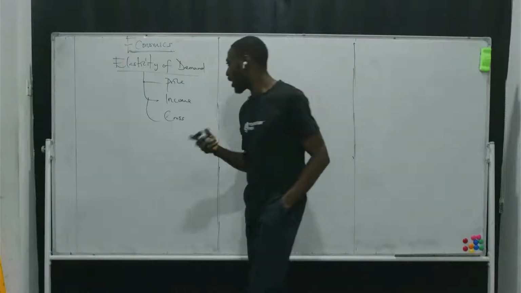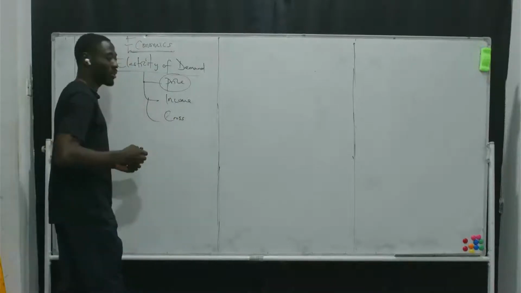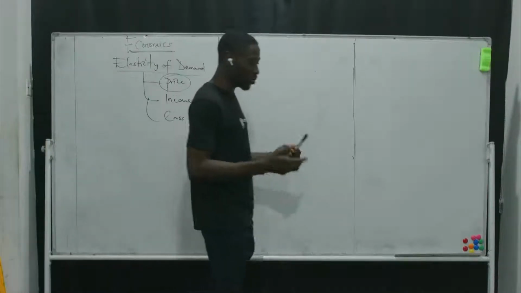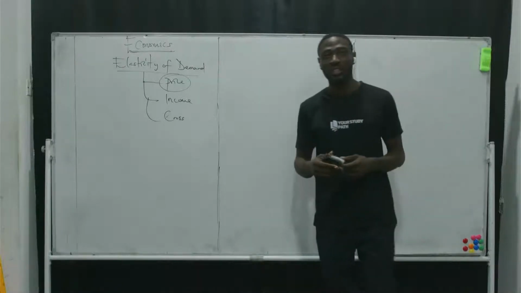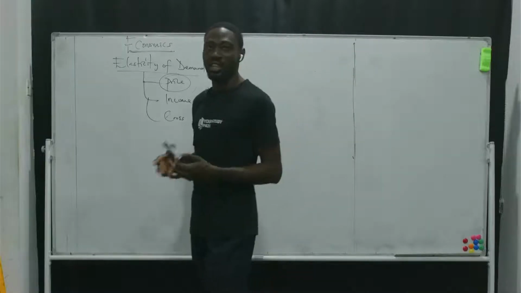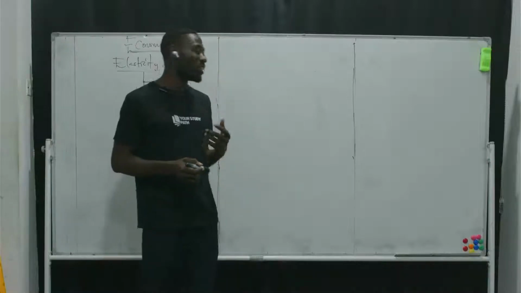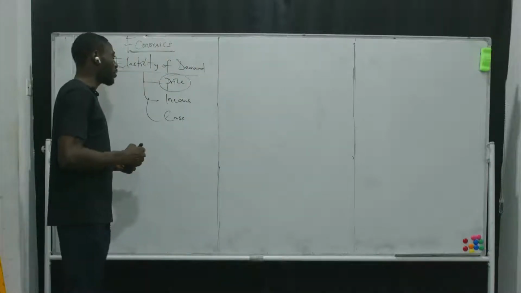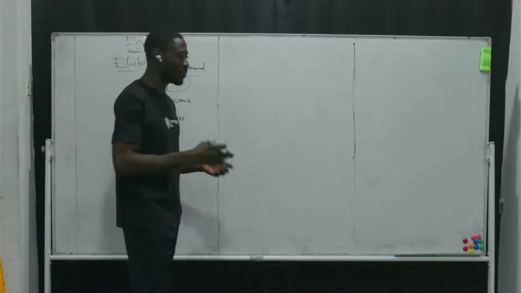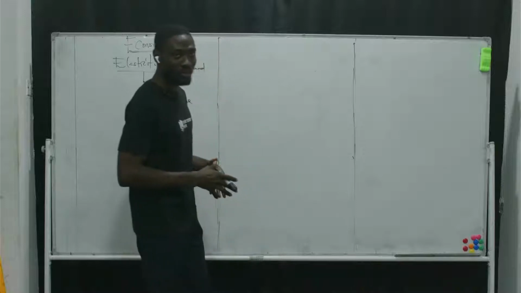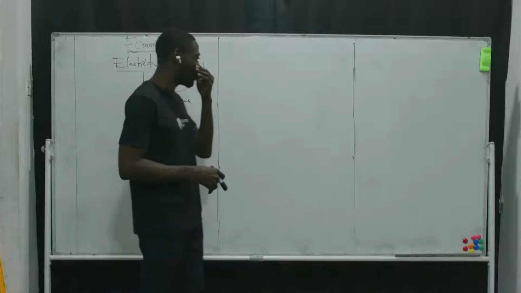Now, if you look at these three types, we discussed the price elasticity and we said we have five types, which are the elastic, inelastic, unitary, perfectly elastic, and then the perfectly inelastic. And we also gave some examples of how you can solve them and how you can interpret. And I gave two formulas, the point formula and the percentage formula.